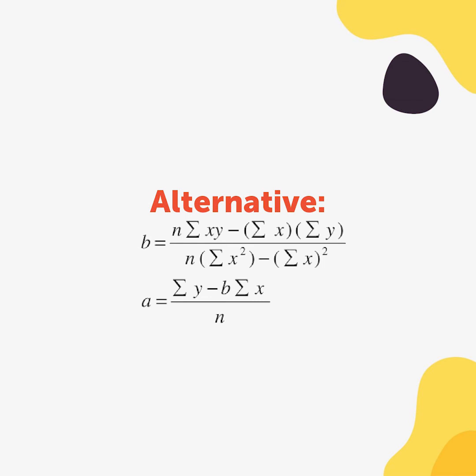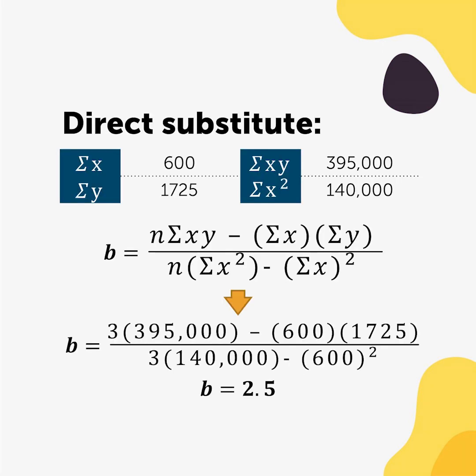Same procedure, we also have to compute yung apat na summation. And then we simply have to substitute. So yung B is equal to N times summation of XY, 3 times 395,000, less the product of the summation of X and the summation of Y. 600 times 1725.